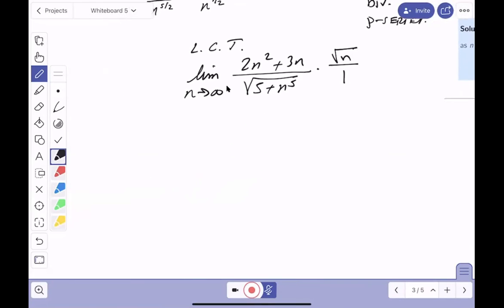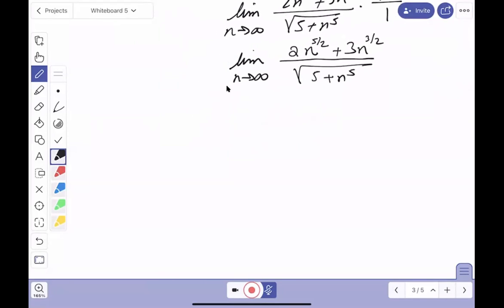All right, let's multiply it out. And I know it's tough. Well, it's going to be 2n to the 5/2 plus 3 times n to the 3/2. And on the bottom, you get this nightmare.